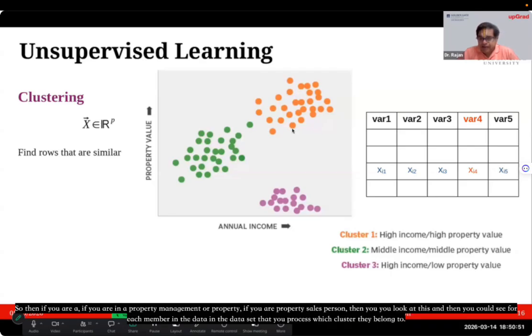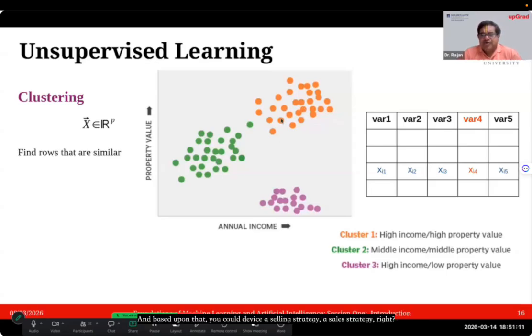So if you are a property salesperson, then you could look at this, and you could see for each member in the data set that you possess, which cluster they belong to, and based upon that, you could devise a sales strategy, right?